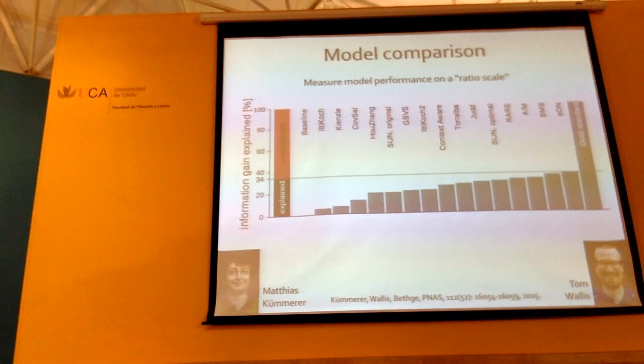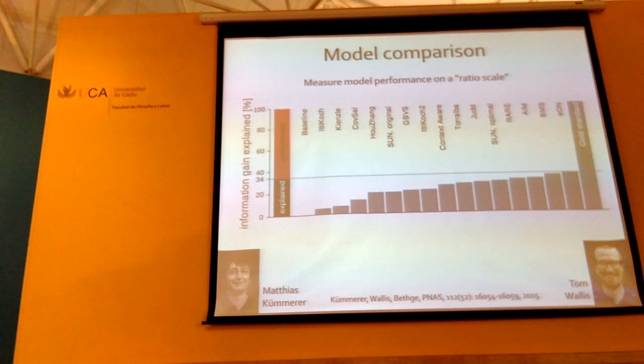Nevertheless, I personally like my measure best because I can imagine the bits very well, what they mean. And also, because it puts things on a ratio scale, you can actually evaluate the differences between the models. It makes sense to compare the difference between two models. And it also makes sense to compare the difference to the gold standard.